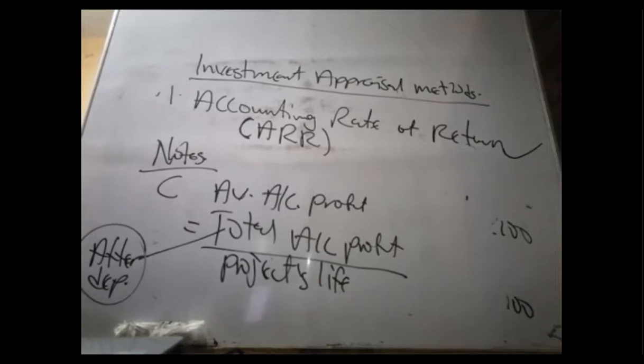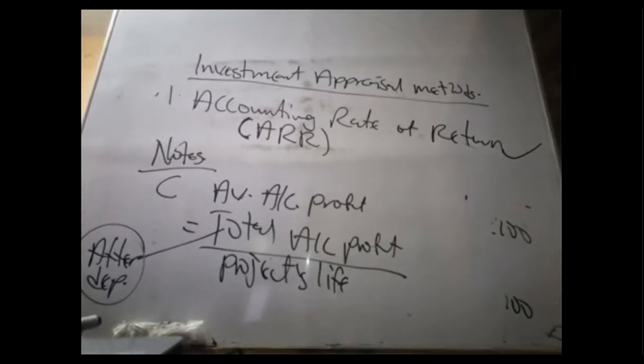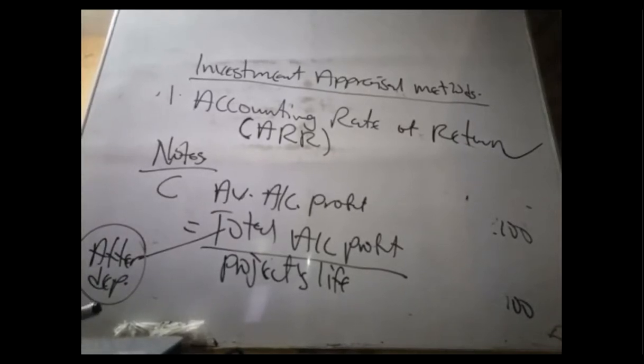If depreciation has not been deducted, go ahead and deduct the depreciation. Take note, we mentioned profit, we did not mention cash. Cash and profit are two different things altogether. They are not the same, unless you tell me cash profit. Have you seen cash profit? Yes, it's a profit and at the same time cash. Good, so that is that.